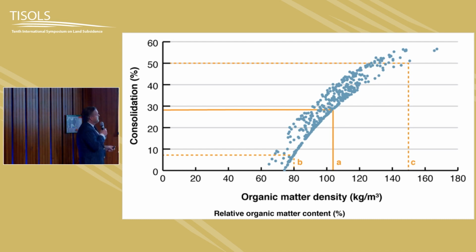And this is the amount of consolidation. So this shows how much consolidation I would need to get to a certain organic matter density. If we reach the average organic matter density of 103 kilograms per cubic meter in the Netherlands, that means that we would have had about 28% of consolidation to achieve that, compared to freshly formed peats. There is of course a range.